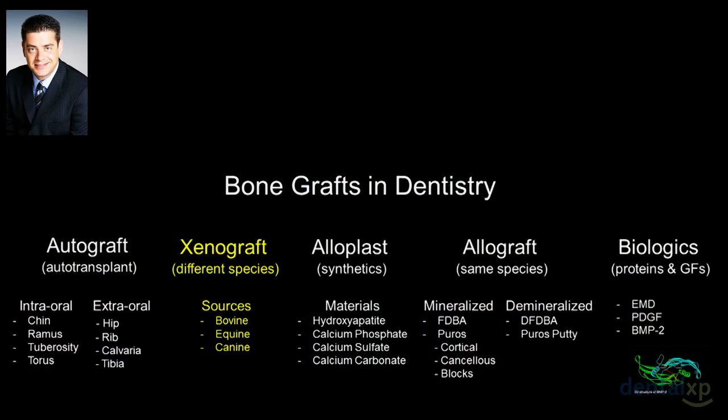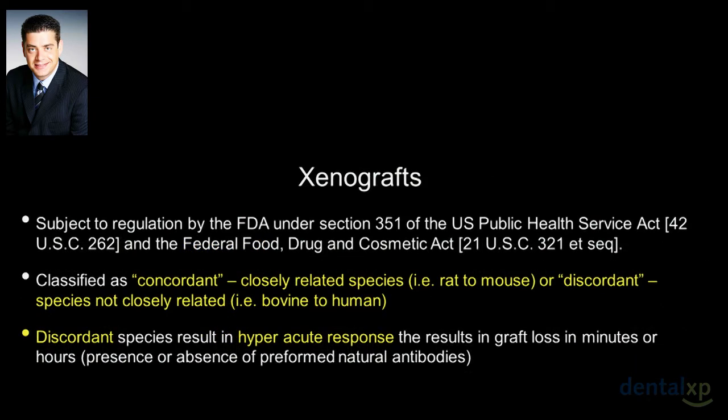What about xenografts? We know that comes from different species, and the most common ones here in the US are bovine or equine. We don't use canine here, fortunately, but in some countries they have used that. So how does the FDA look at xenograft?